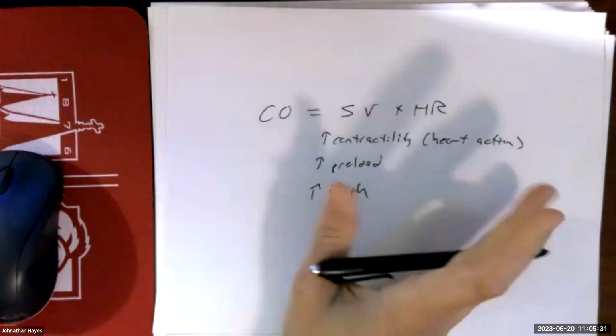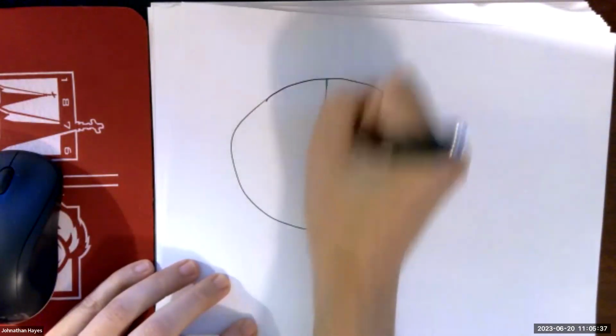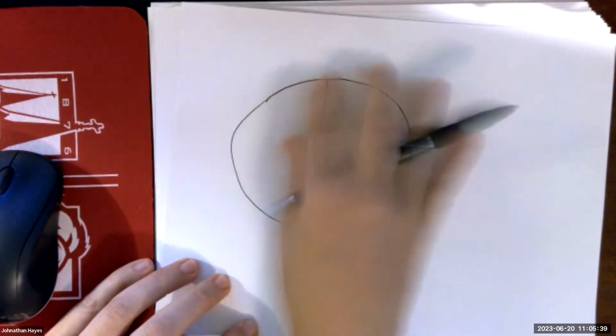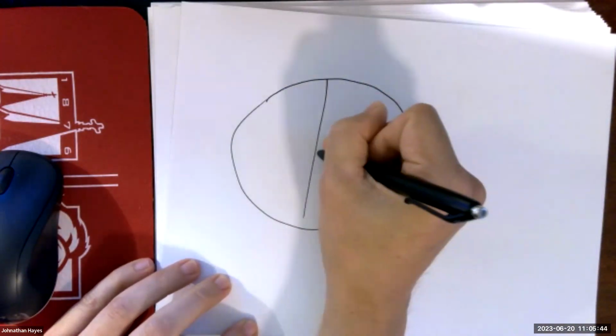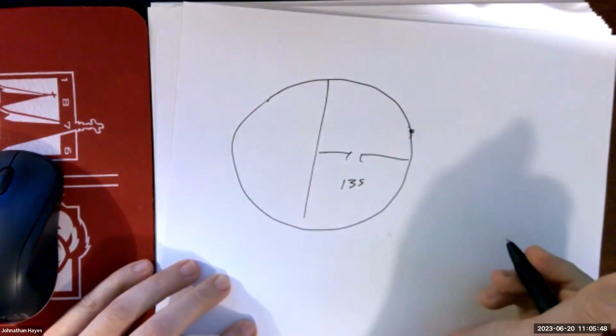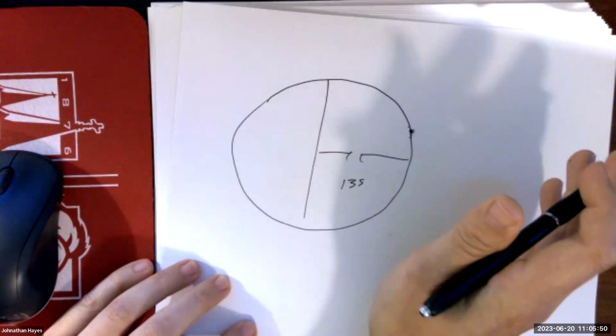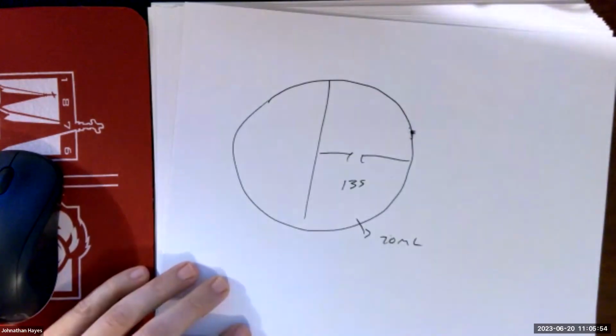So now imagine what we were doing before. You had a heart, and again, let's just focus on the left ventricle. Let's take all the rest of it out. Who cares? So in the left ventricle, this thing normally held 135 milliliters. Under resting conditions, let's kick out 70 milliliters. Okay. And so we haven't changed any contractility.